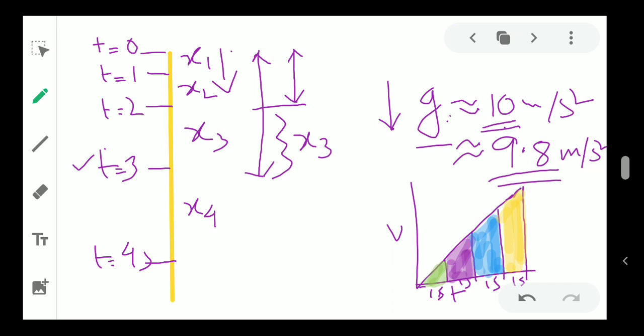Let's say you have to find out the displacement at the third time, not till t equal to 3 seconds. I'm talking about the third time. Then you have to find out x3, you have to find out x2, and then you just subtract it.